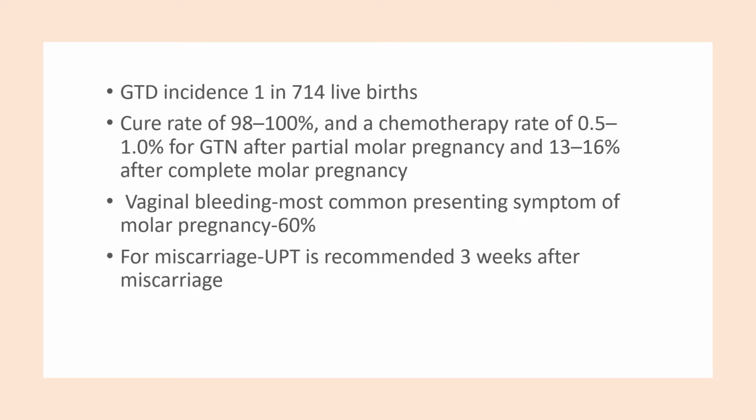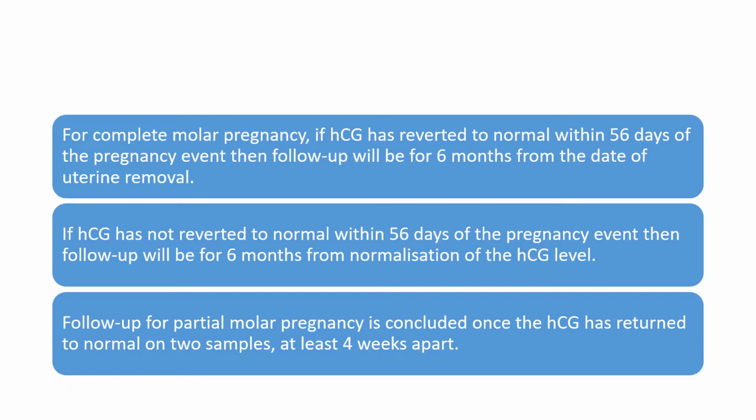For any miscarriage, a urine pregnancy test is recommended to be done 3 weeks after the miscarriage. For complete molar pregnancy, if HCG has reverted to normal within 56 days of the pregnancy, then follow-up will be for 6 months from the date of the uterine removal.